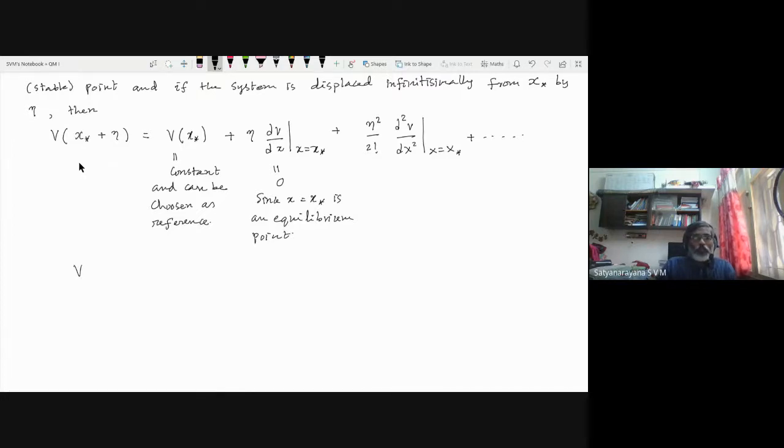Now V of eta can be written, as an approximation, as half k eta square, where k is some force constant value.